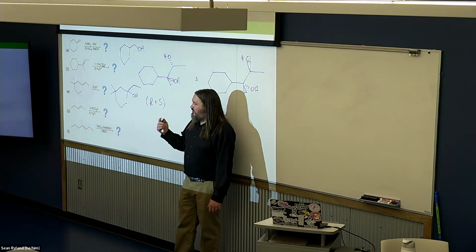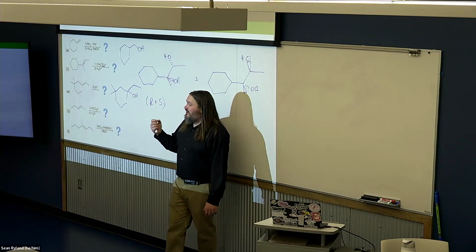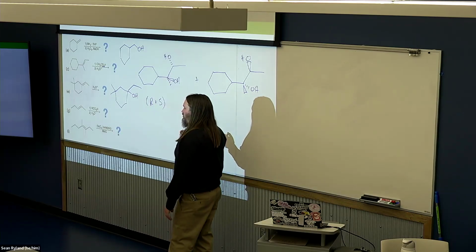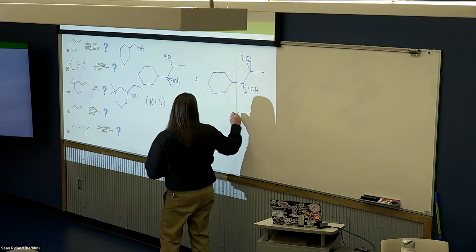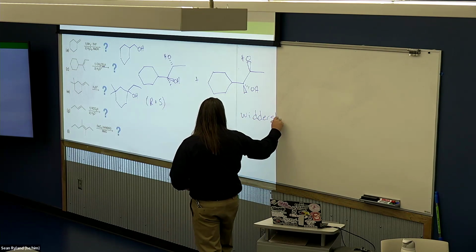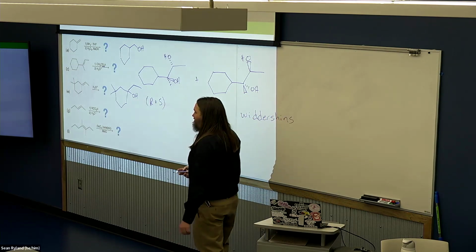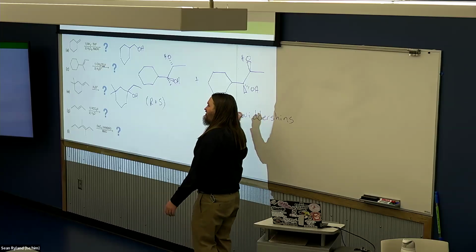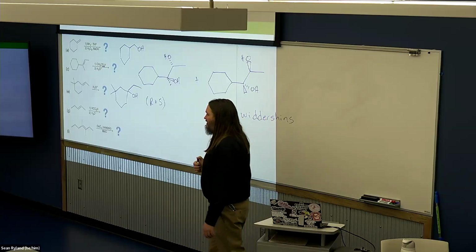before they had clockwise and counterclockwise, before they had clocks, they used a term for counterclockwise called widdershins. W-I-D-D-E-R. Widdershins meant something was moving counterclockwise, and that was associated with witchcraft.